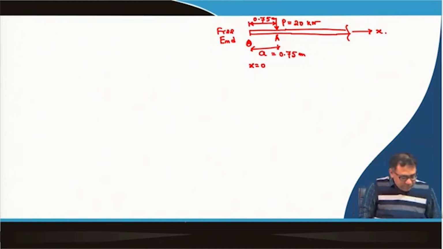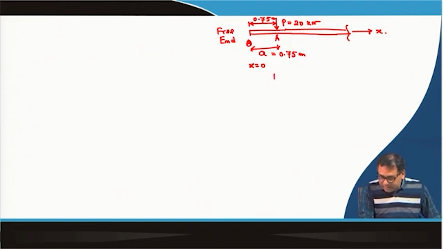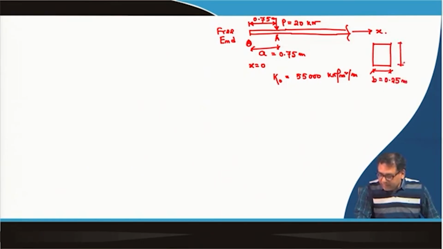Now here again the K 0 value is given, 55,000 kilonewton per meter square per meter. Then the cross section of the beam: B is equal to 0.25 meter and H is equal to 0.2 meter.